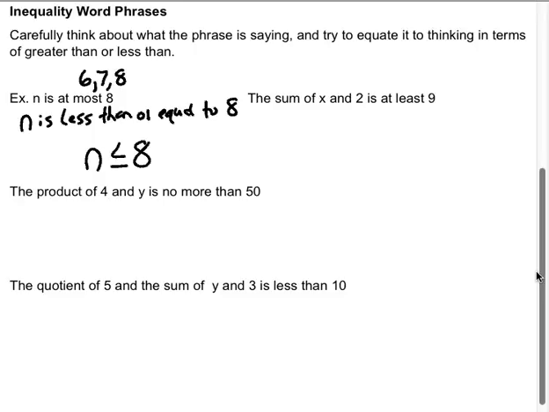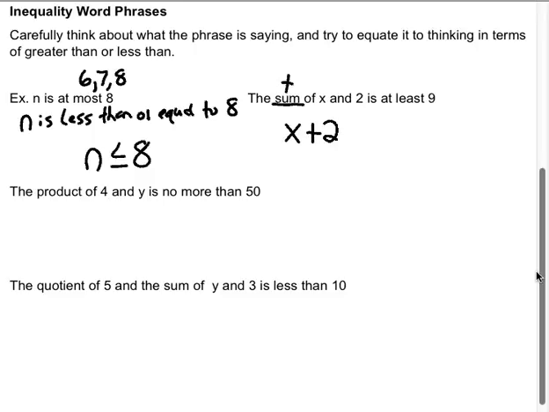When you write it like that, it's going to be much easier to write your statement. Some of the language can get a little bit tricky, so it may help you to reverse your thinking. Think of it in terms of less than or greater than. So the sum of x and 2 is at least 9. Sum means addition.